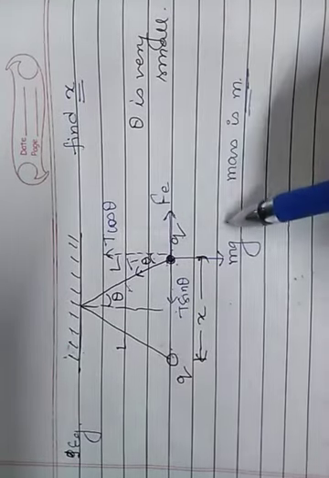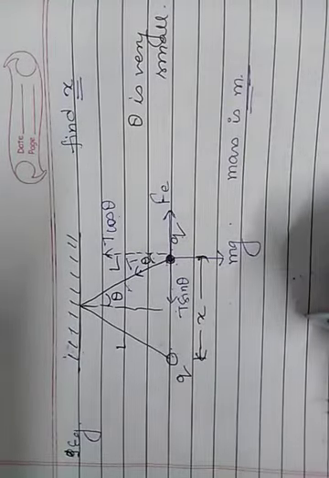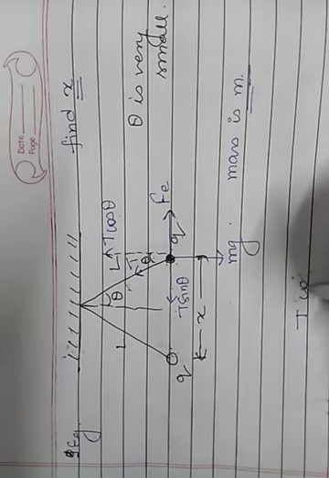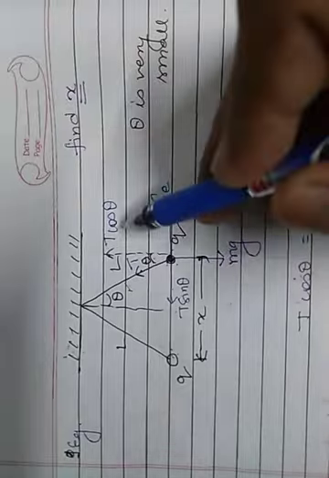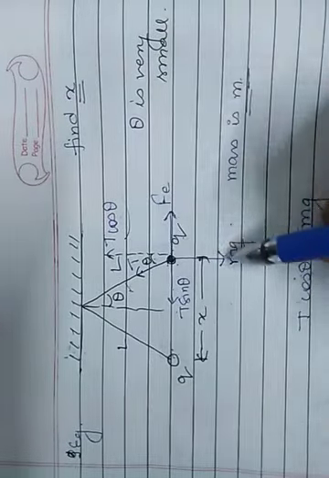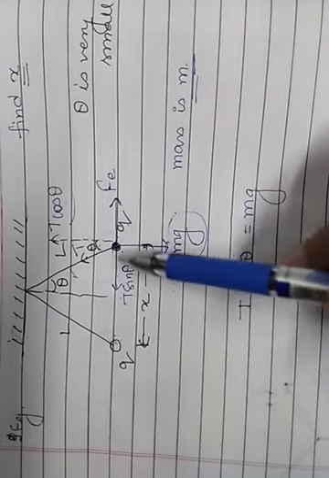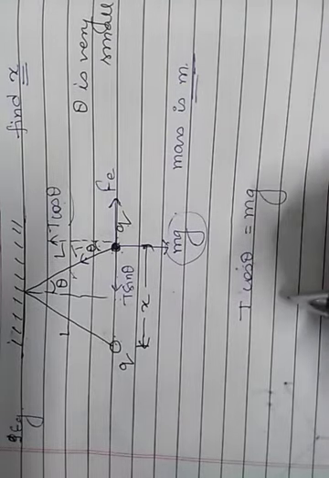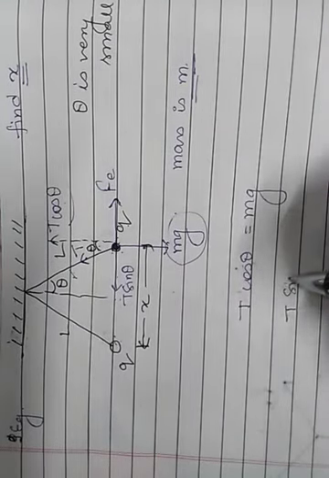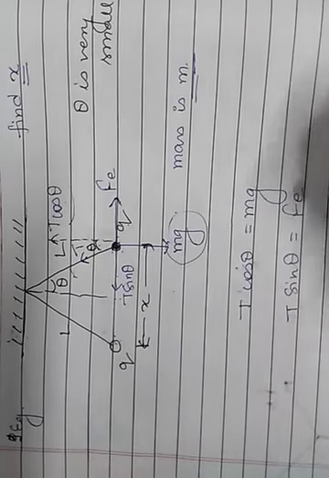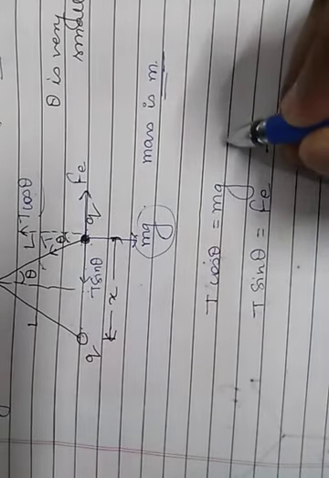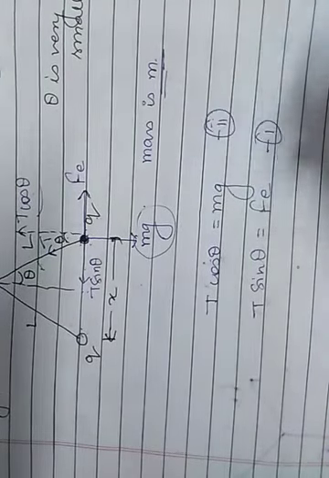So vertical forces balance each other: T cos theta equals mg. In the same way horizontal forces also balance each other, so T sin theta equals Fe. Let this be equation first and this equation second.